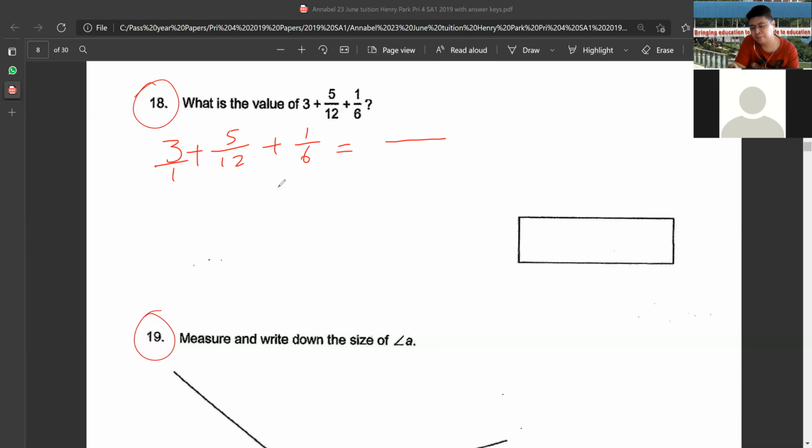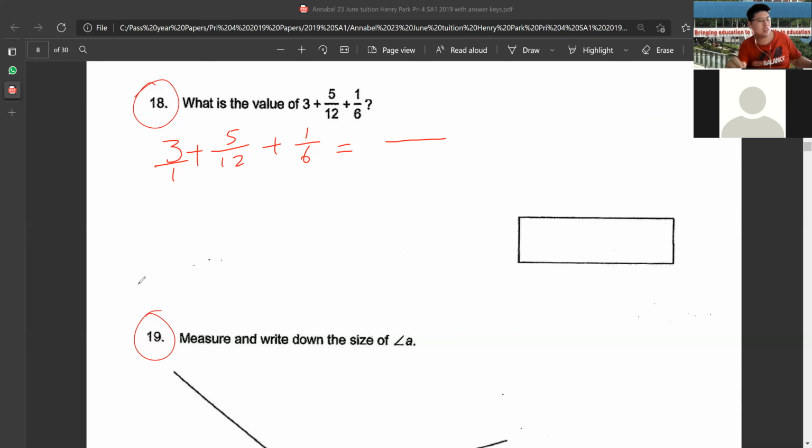Do you know why I'm asking? Multiple of 1, 6, and 12. The lowest common multiple is? Do you know what I'm asking? Yes. So 1, 6, and 12, the lowest multiple is?